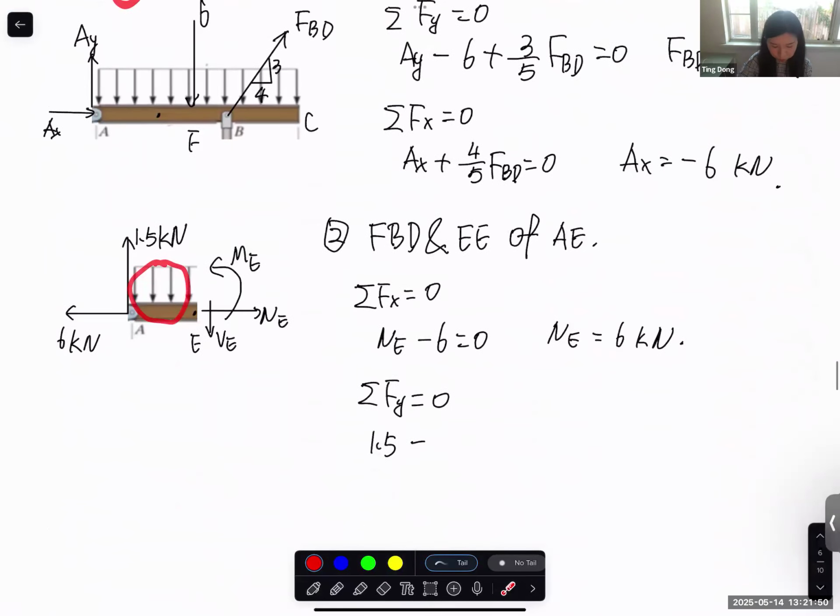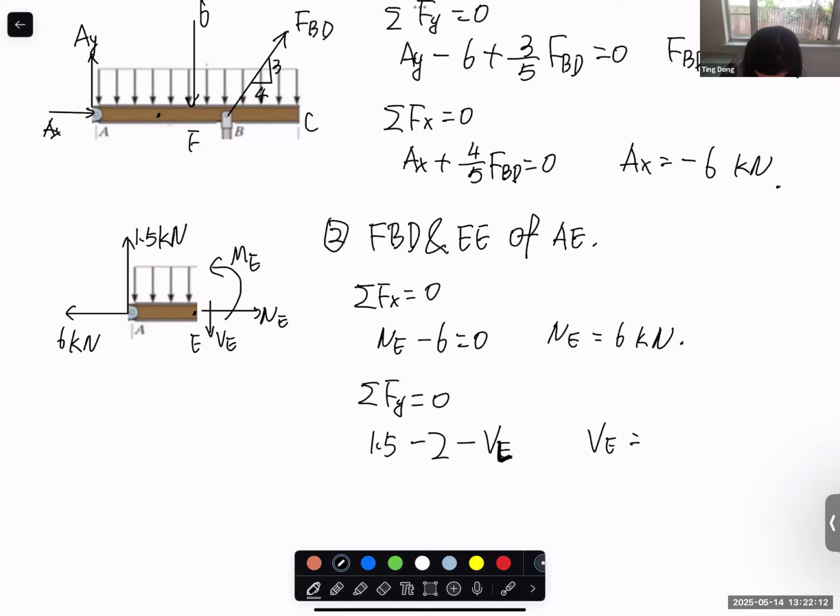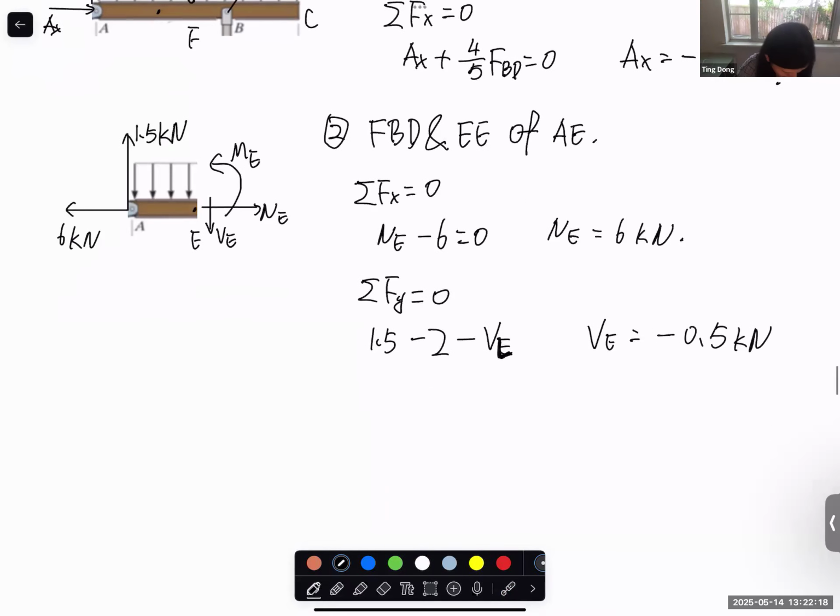So this equivalent concentrated force applied on the AE section should be 1 times 2, downward, negative sign. And we also have VE. So VE equal to negative 0.5 kilonewton.